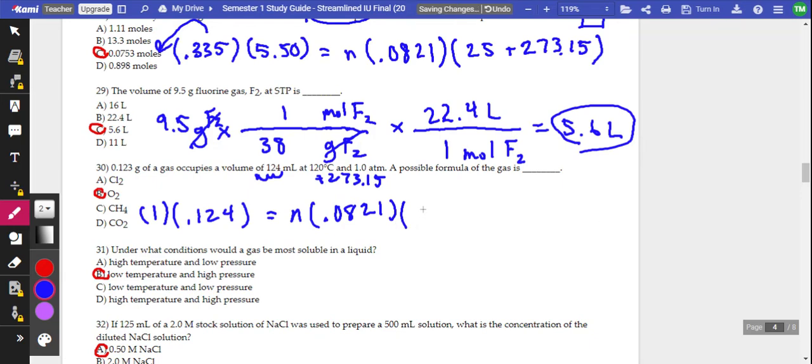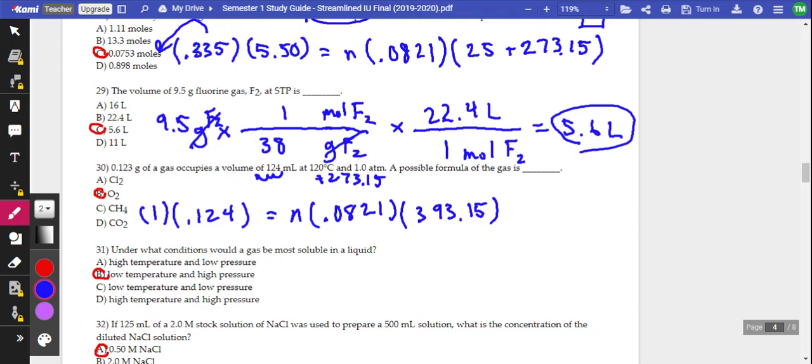All right, and then 273 plus my 120 is going to be 393.15 Kelvin. Okay, if I punch this stuff in, I'm going to take 1 times 0.124, which is just 0.124. I take that 0.124 and divide it by 0.0821 and by 393.15, or you can multiply them first and do it like that.